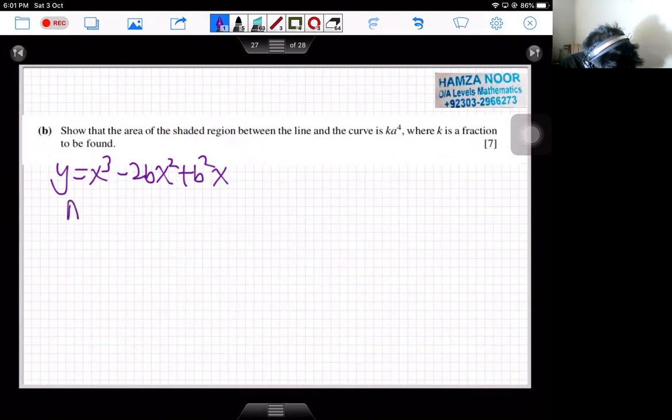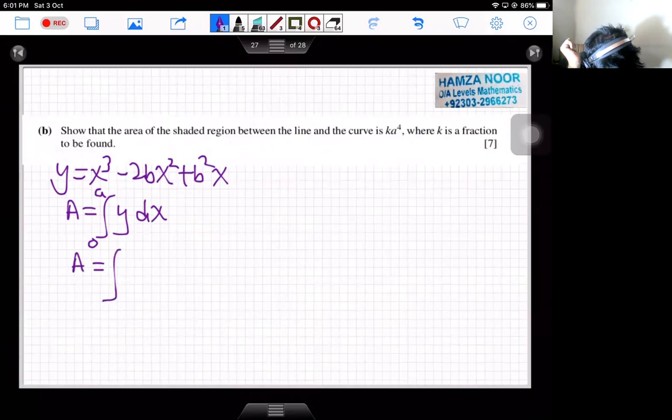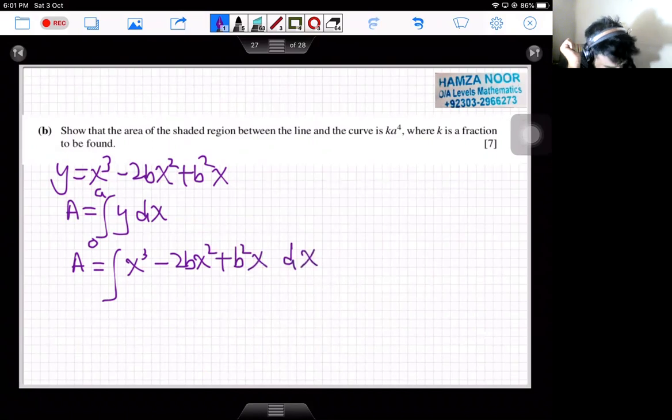So area will be the integral of y with respect to x, and the limits of the x-axis will be from a till 0. So now just substitute the whole equation over here: x cube minus 2bx square plus b square x with respect to x, and the limits are a till 0.